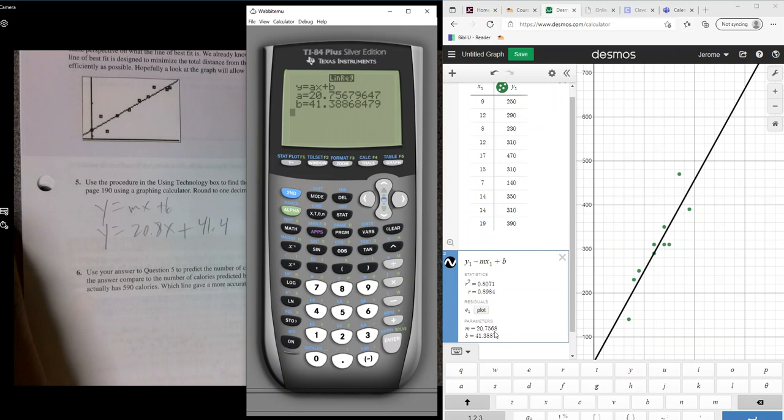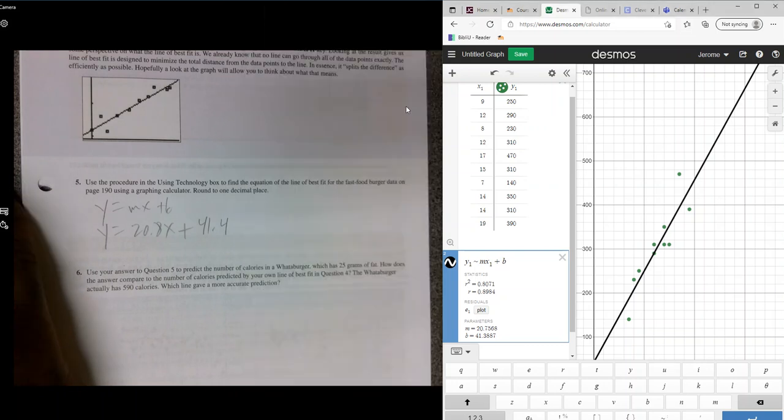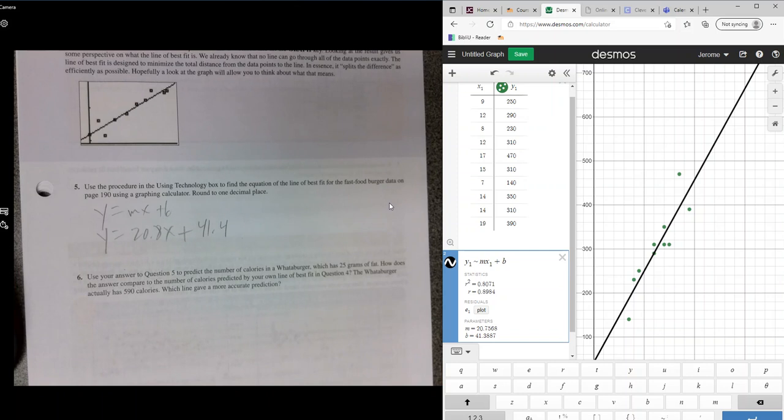All right, now number 6 says use your answer to question 5 to predict the number of calories in a Whataburger, which has 25 grams of fat. How does the answer compare to the number of calories predicted by your own line of best fit in question 4? The Whataburger actually has 590 calories.